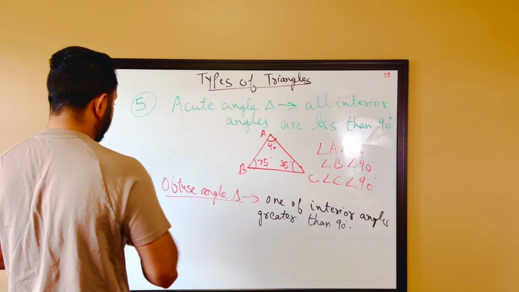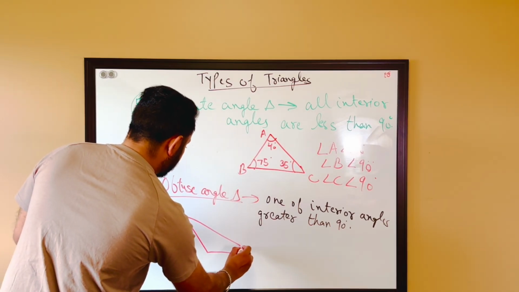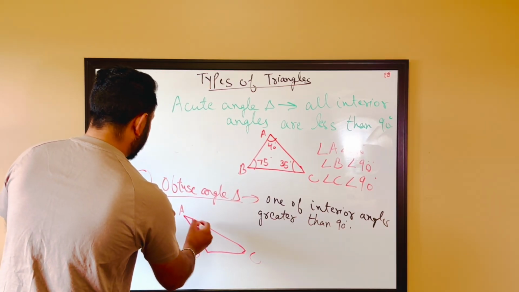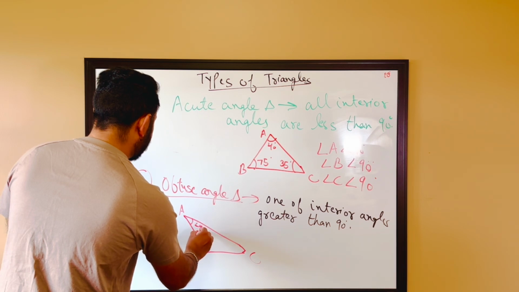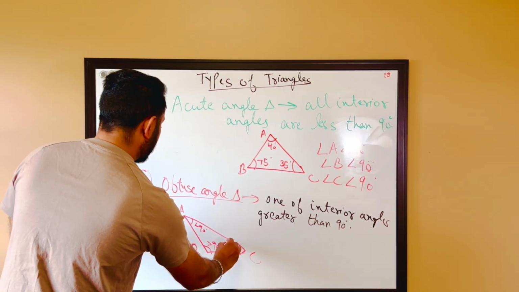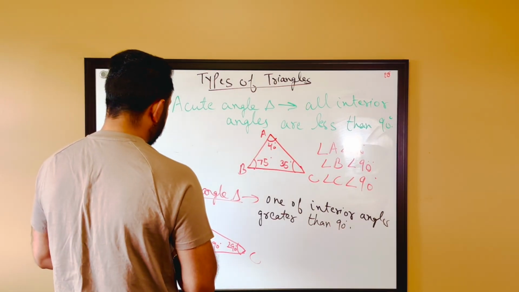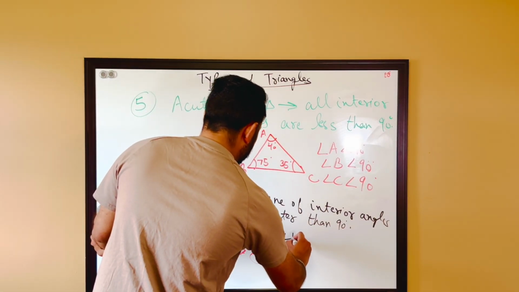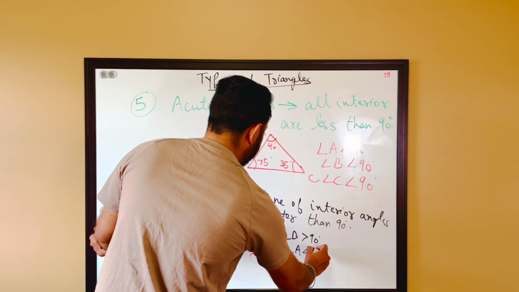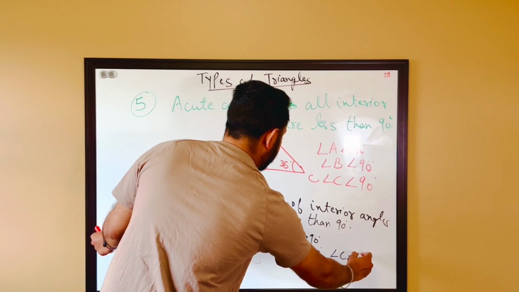For example, let's draw an obtuse angle triangle A, B, C. Let's suppose A is less than 90, where B is greater than 90 degrees, and C is also less than 90. In short, in an obtuse angle triangle, B is greater than 90, where A is less than 90, and similarly C is less than 90.